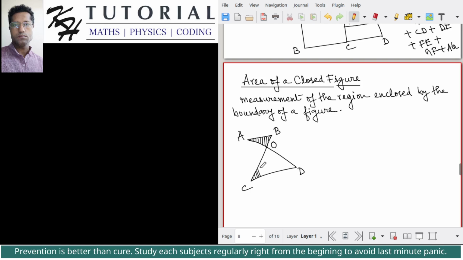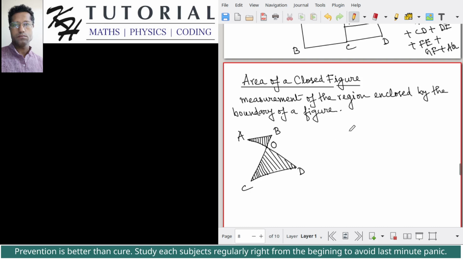So the shaded part is the region enclosed by the boundary of this figure. The measurement of this region is actually the area of this figure. What exactly is the measurement of the region, we will discuss a bit later.